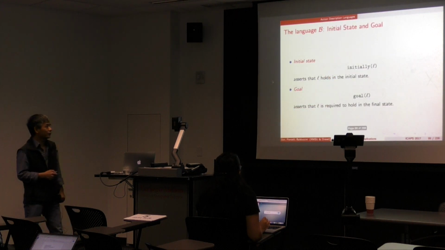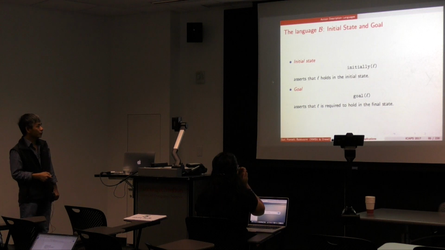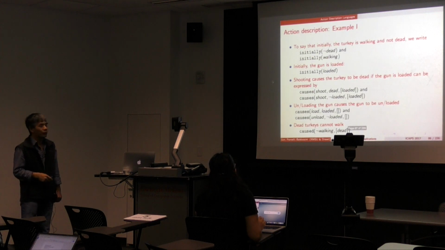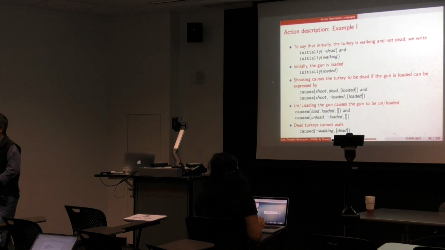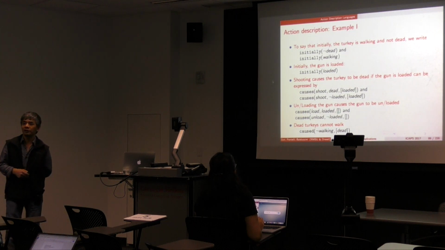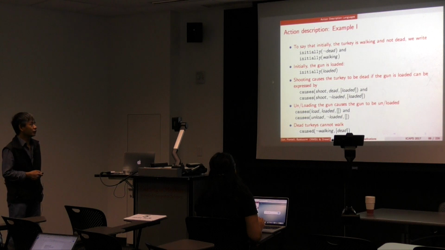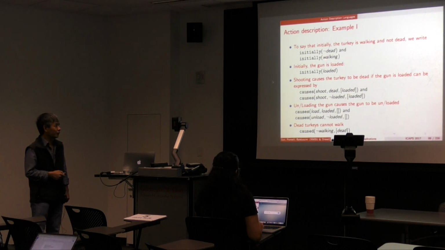Then the initial state is described by the predicate initially, and the goal. I will just give you a few examples of how this is used. Here, for example, is the encoding of the Yale shooting problem, an extended version where initially the turkey is walking and it's not dead.